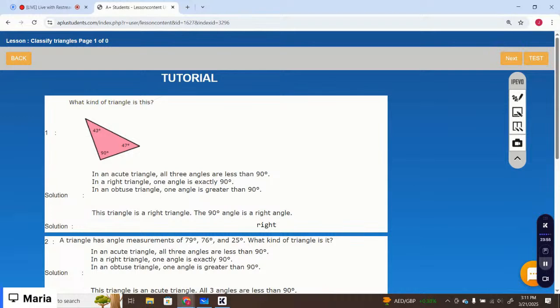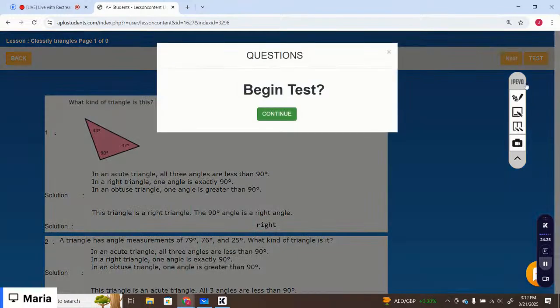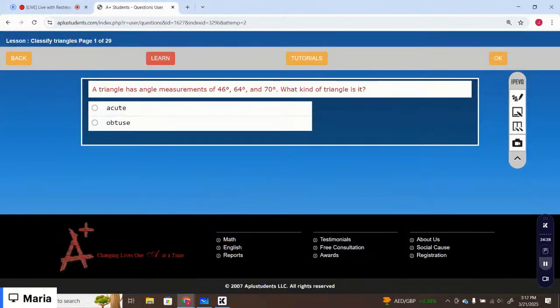If one of the angles is greater than 90 degrees, then that is an obtuse triangle. And if one of the angles measures exactly 90 degrees, then that is a right triangle. So the triangle has exactly one angle that measures 90 degrees, so that is the right triangle. Let's just start with the test questions.